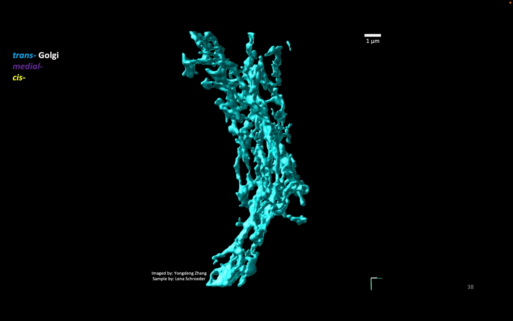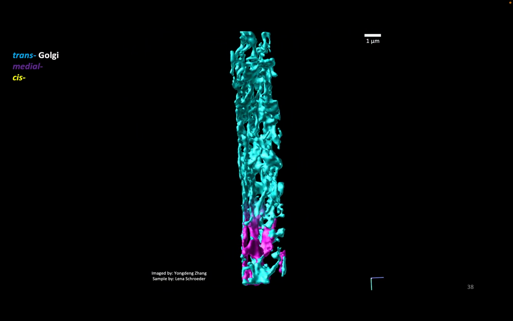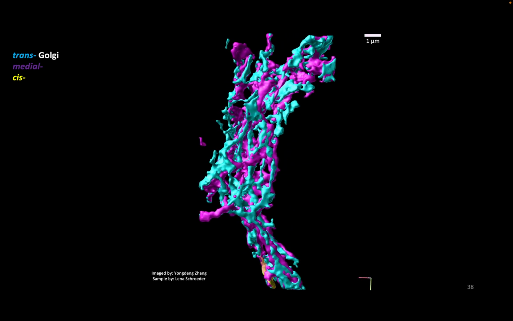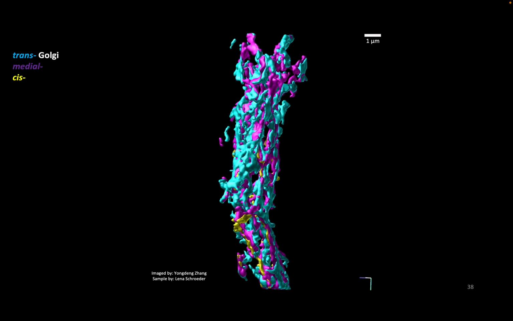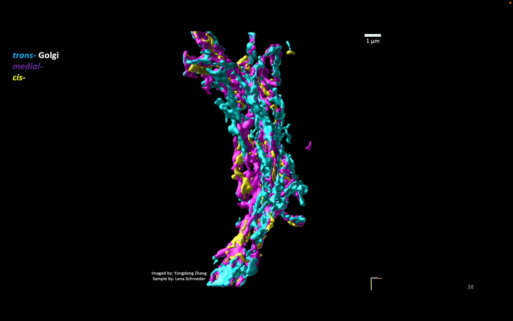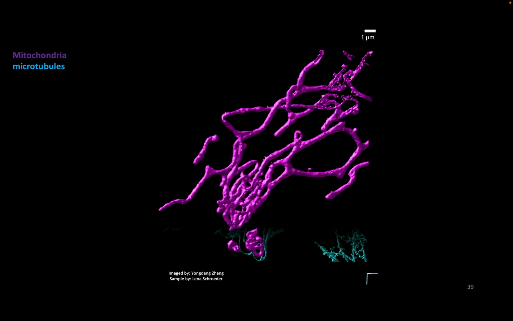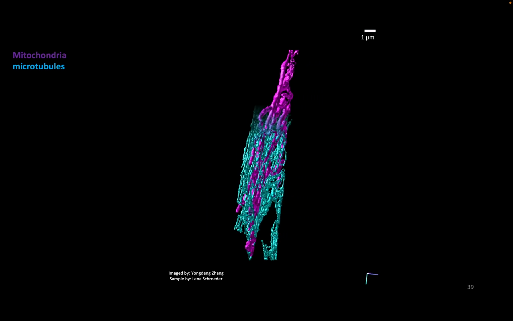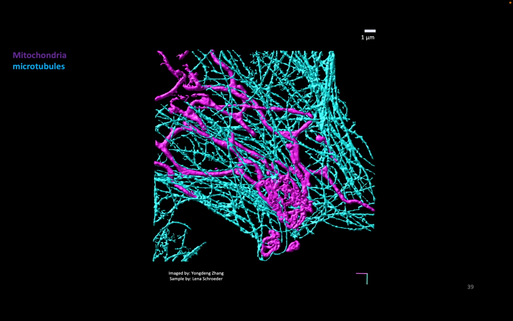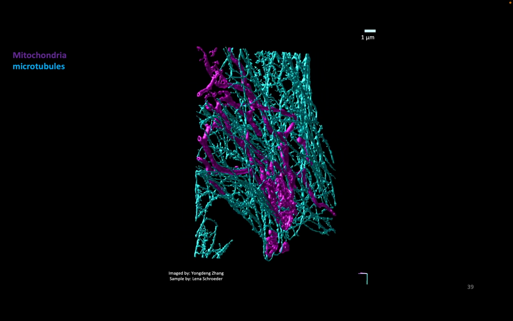We've also meshed trans-medial and cis Golgi, and just to show that this method also works with non-membranous structures collected in SMLM that are closed, I also meshed some microtubules, just so you can see that that works as well, even if it's not a membrane.